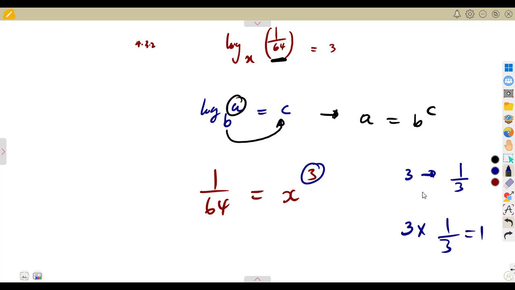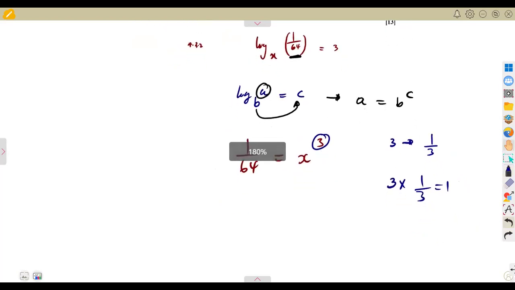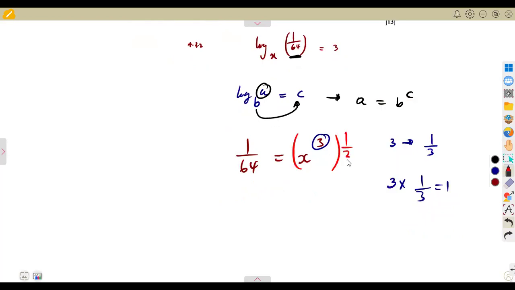So that's why we opt for the inverse of that exponent, because the moment we raise this to the exponent of a third, it is going to be 3 times a third, which is a 1. So I'm left with x to the exponent of 1, which is simply x.